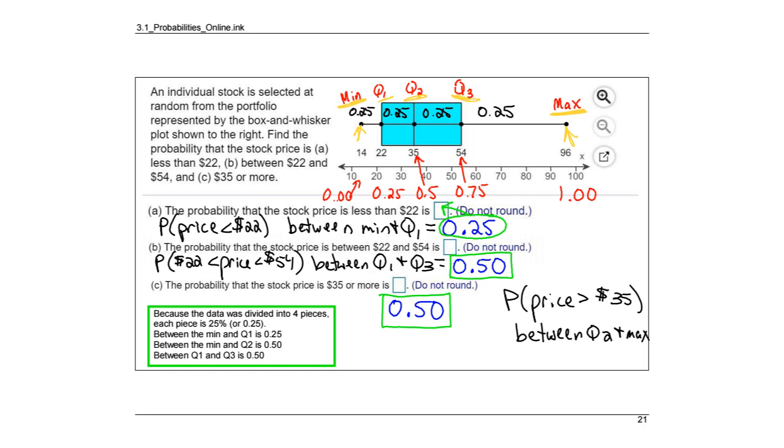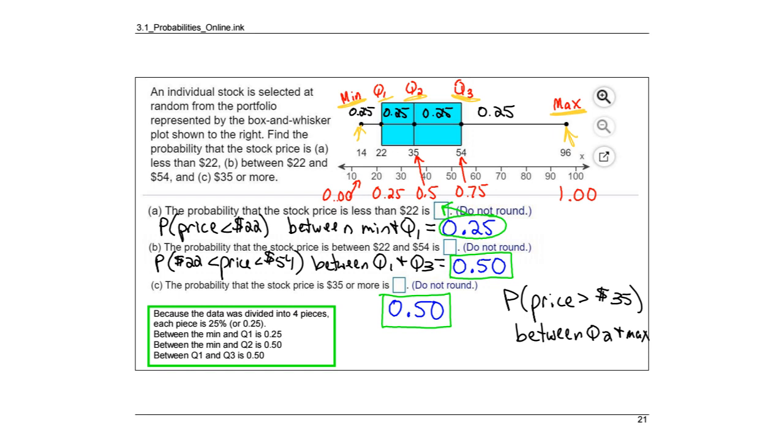In other words, we have 0.25 in between each of these dots, right? Between the minimum and Q1, that is a quarter, so it's 0.25. From Q1 to Q2 is another quarter. From Q2 to Q3 is another quarter, and finally Q3 to the max is another quarter. Okay, so let's see what they're going to have us do here.